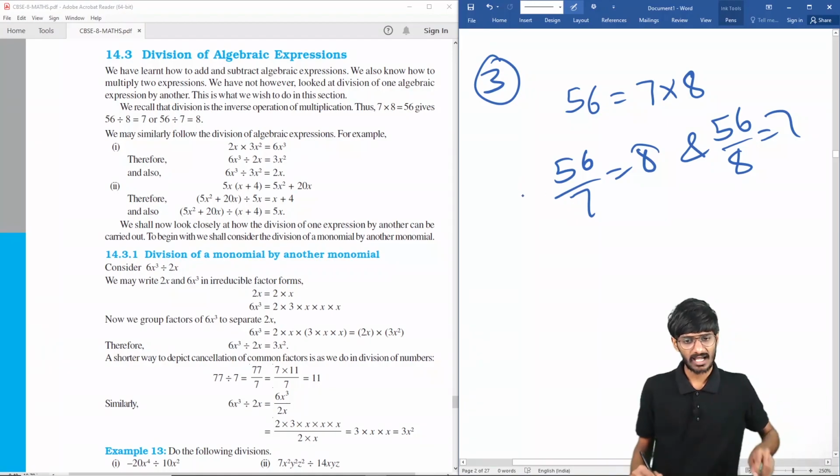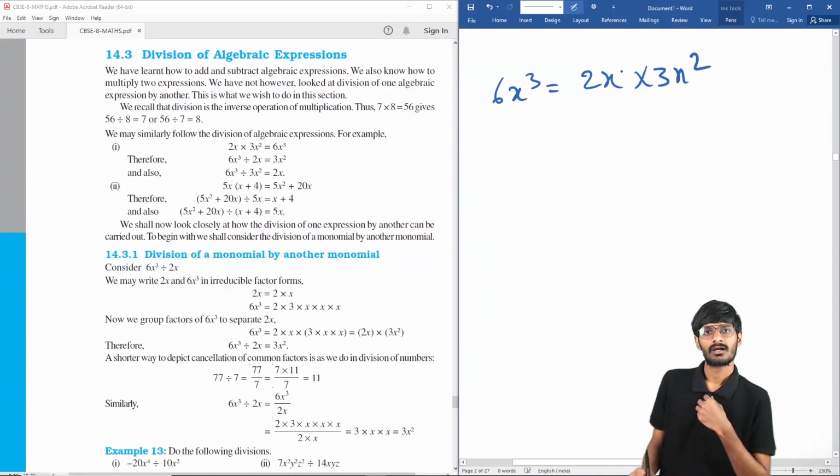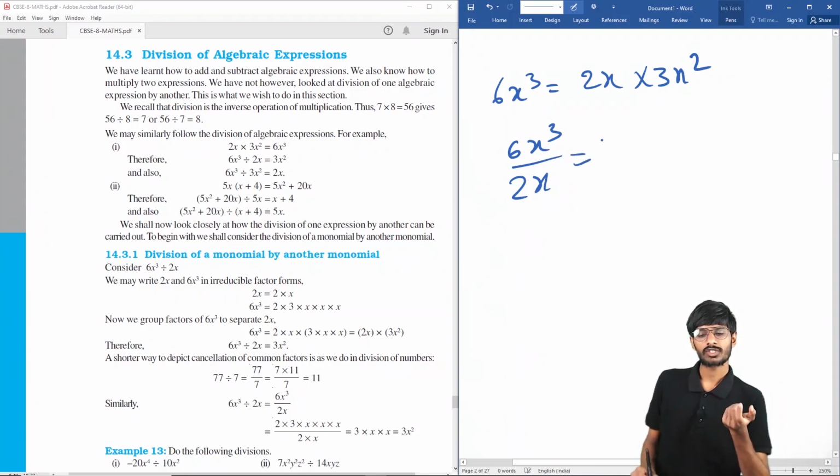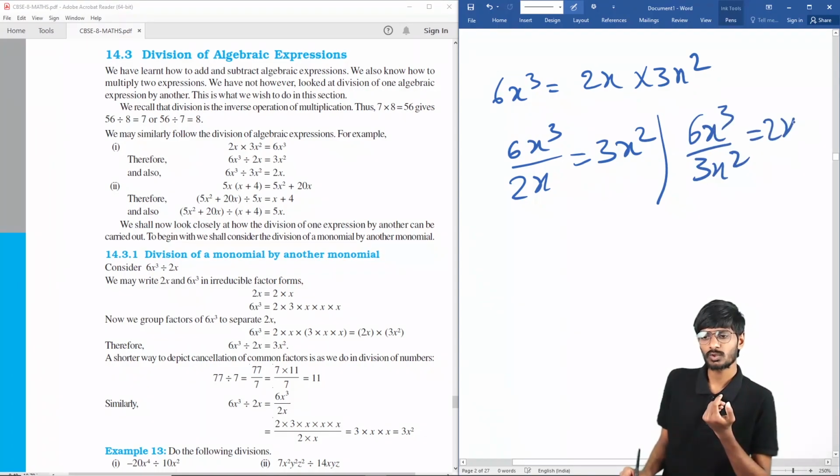Here there is 6x cubed. It is an expression, and we can write it as 2x into 3x square. If you divide 6x cubed by 2x, both being algebraic expressions, what you will get is simply 3x square. And if you divide 6x cubed by 3x square, what you get is simply 2x.